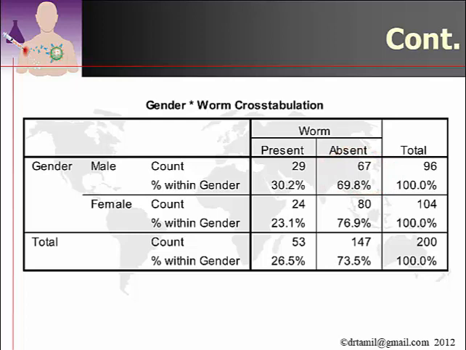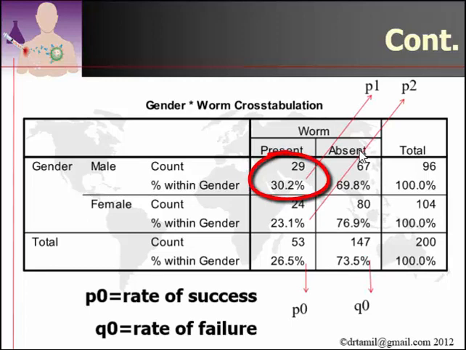So which one is worse, male or female? 29 divided by 96, you get 30.2%. 24 divided by 104, you get 23.1%. These are the raw percentages. This is the P1.